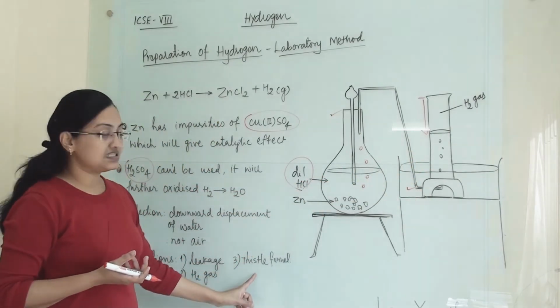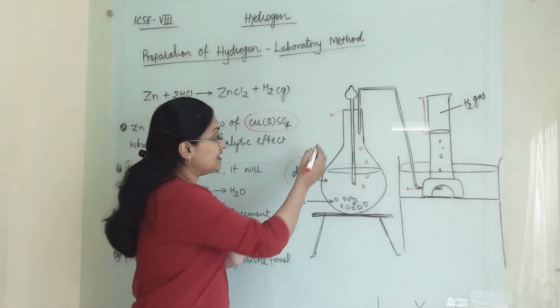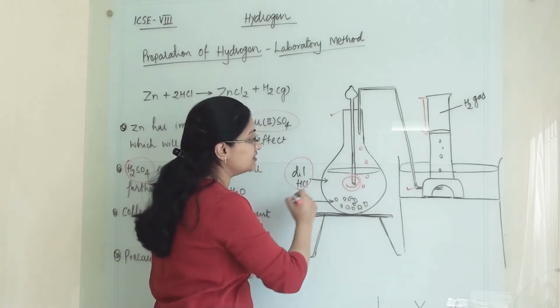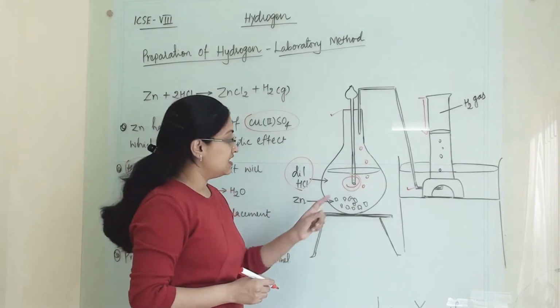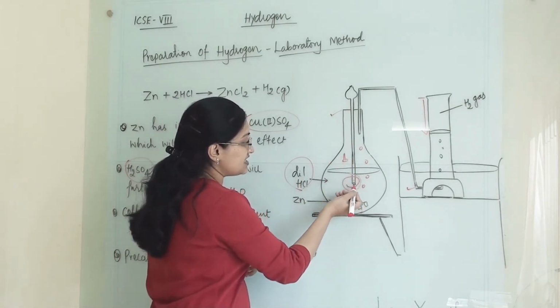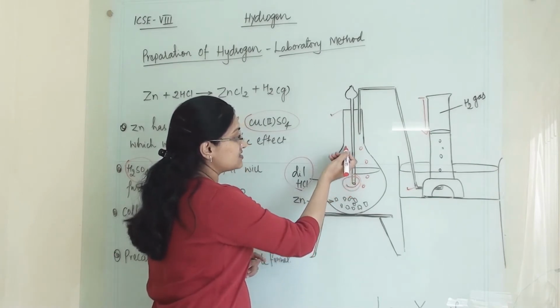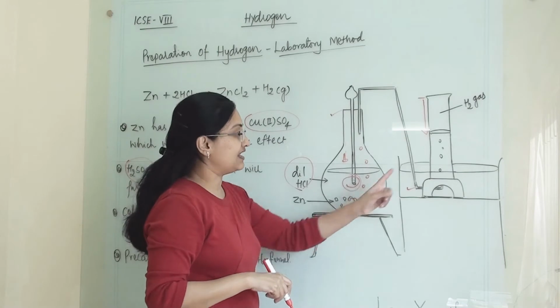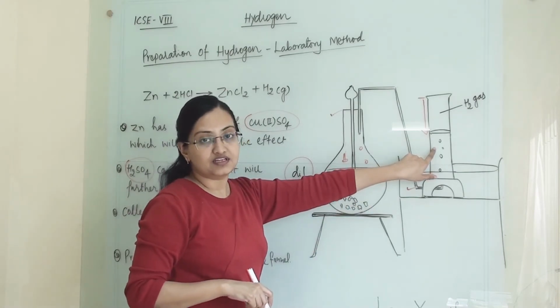Then third is the thistle funnel. The end of the thistle funnel should be dipped inside the hydrochloric acid. Otherwise, if it is here, then this hydrogen gas might come through the thistle funnel and go out, and we cannot collect our yield properly.